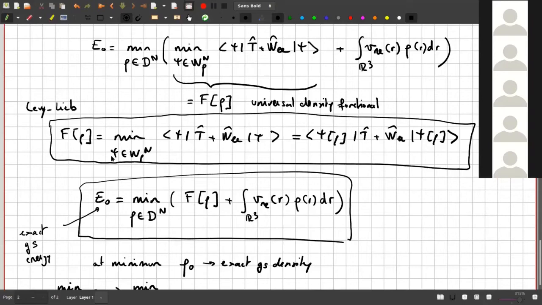Okay, so you extend the space for the minimization, and this has the advantage that the functional has nicer mathematical properties like convexity. But this is, I would say, a detail for what we care about in practice. So I will keep with this simpler Levy-Lieb functional.